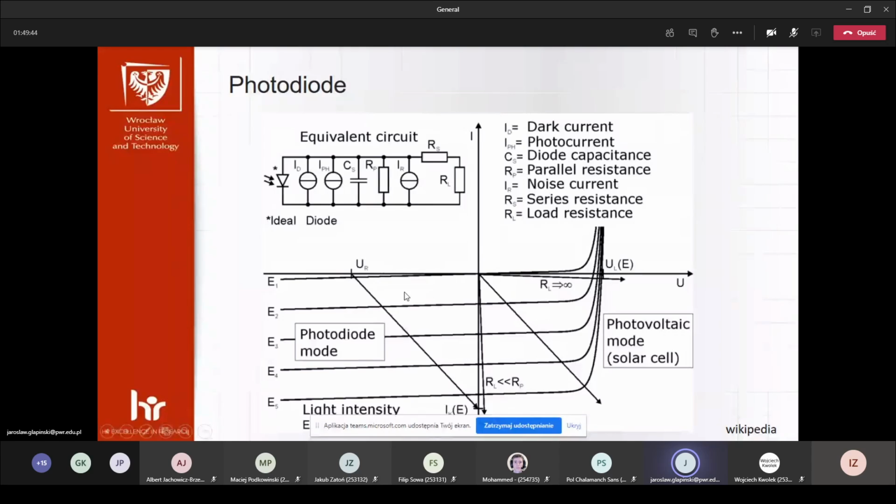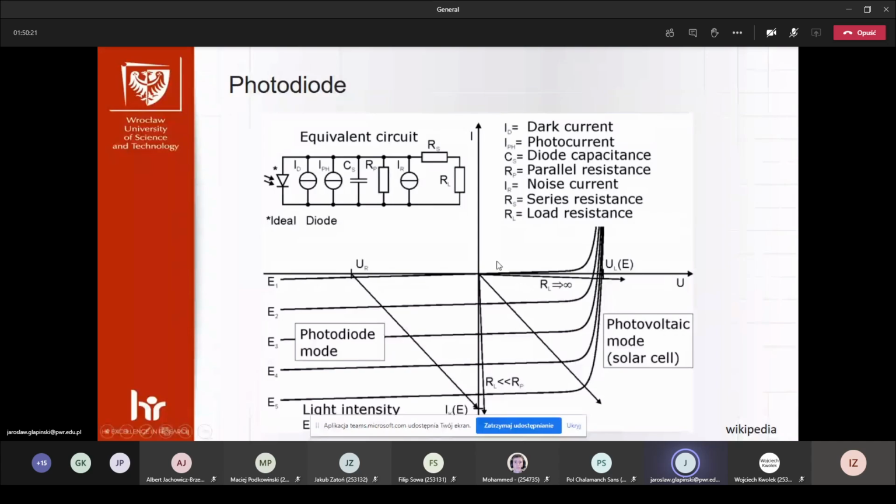If we had no light, we would have this curve, which is the property of a typical diode. If we have more light, we can see that we have more current going through the circuit. So this is the characteristic of the photodiode for different amounts of outside light.